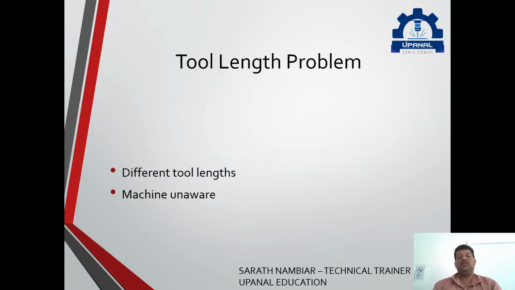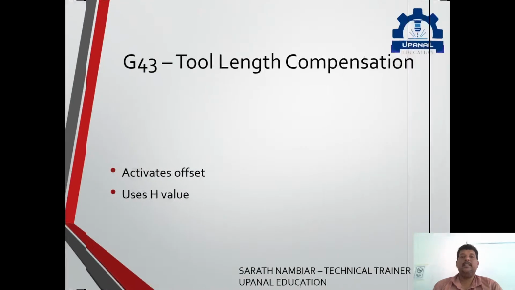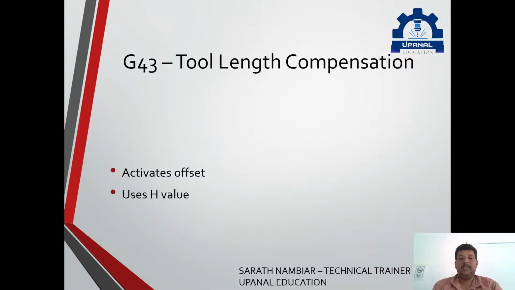Now for that, what we will give? We will always give, we have a tool length compensation. For this tool length compensation, we have a G code for that also. That G code is known as G43. So G43, what they will do? It will activate the tool length compensation offsets. Okay, so how we will give this?